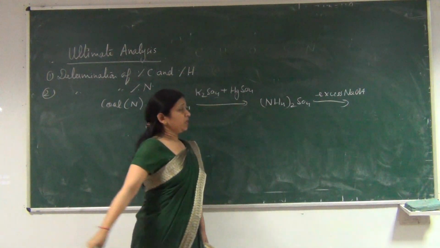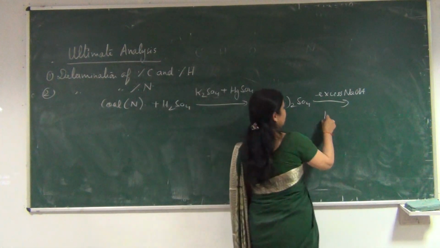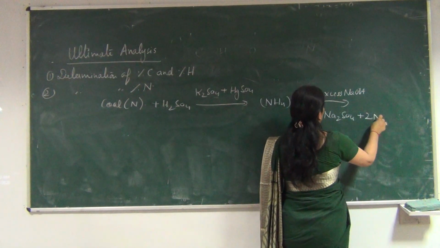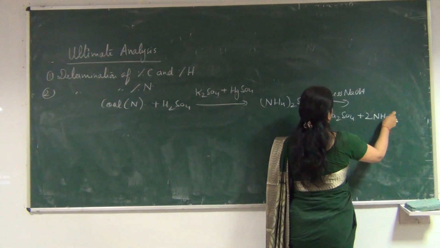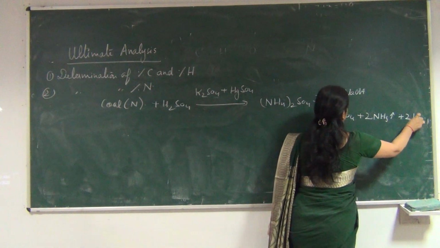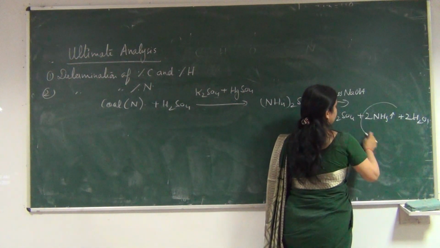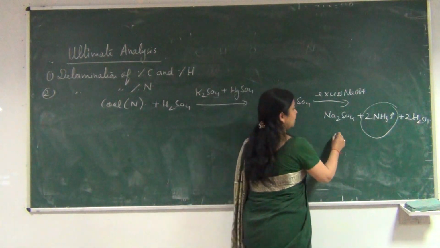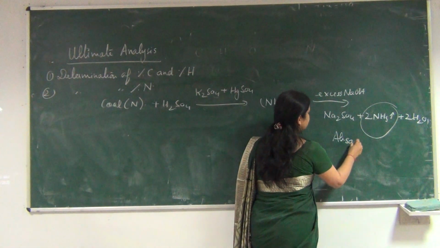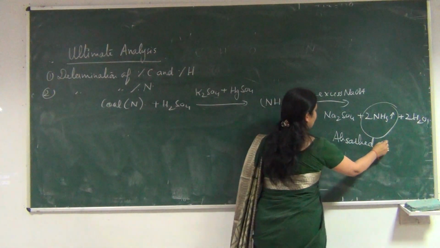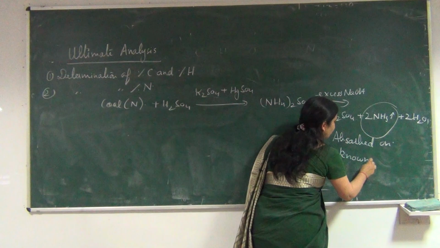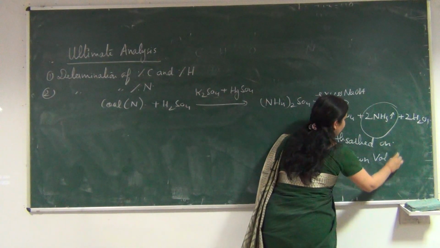When it is treated with excess of NaOH, the products are Na2SO4 plus ammonia is evolved and we get water. Now this ammonia which is evolved is absorbed on known weight or known volume of acid.